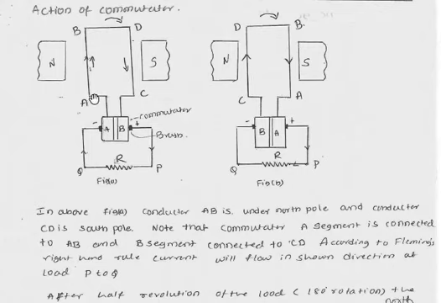Similarly in conductor AB, it was from A to B, and now it has changed to B to A. But here we have the commutator segment A. Again it will go through this brush and through the resistor, through this brush, commutator segment B, and back to CD.